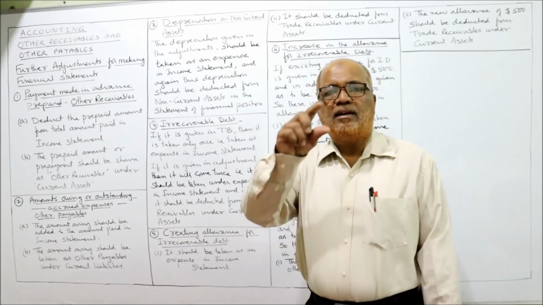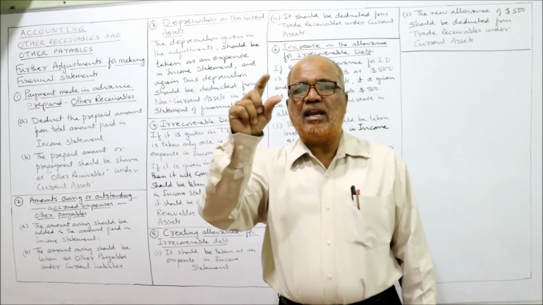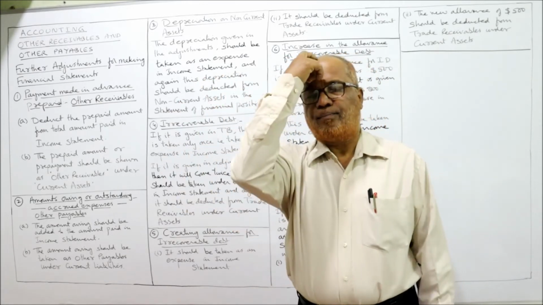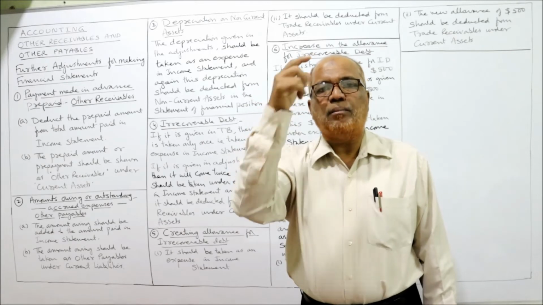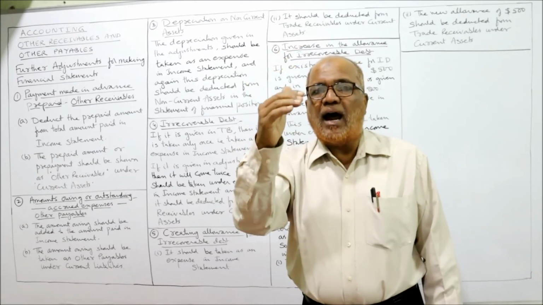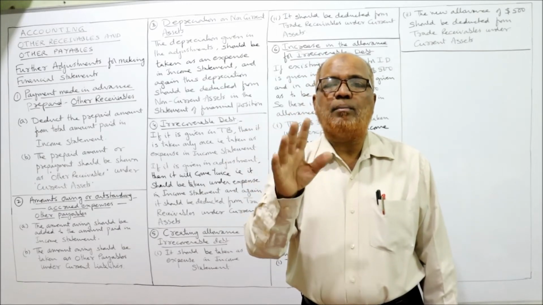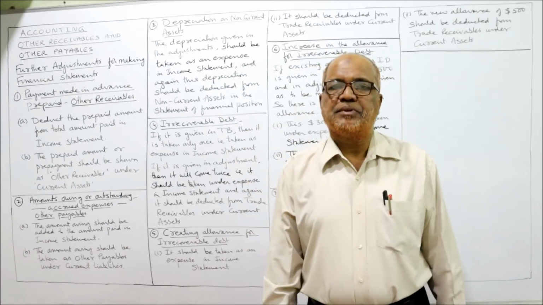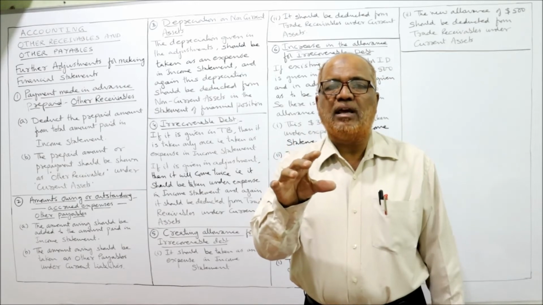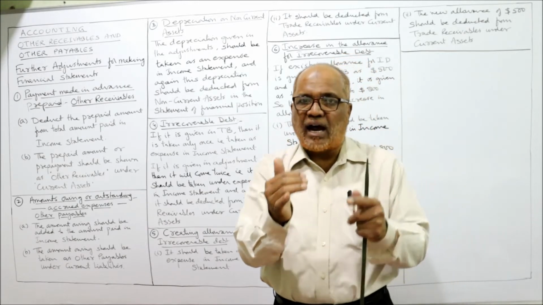First of all, the trade receivable is given in the trial balance as 1 lakh. In adjustment, it is given, create allowance for irrecoverable debt 10%.